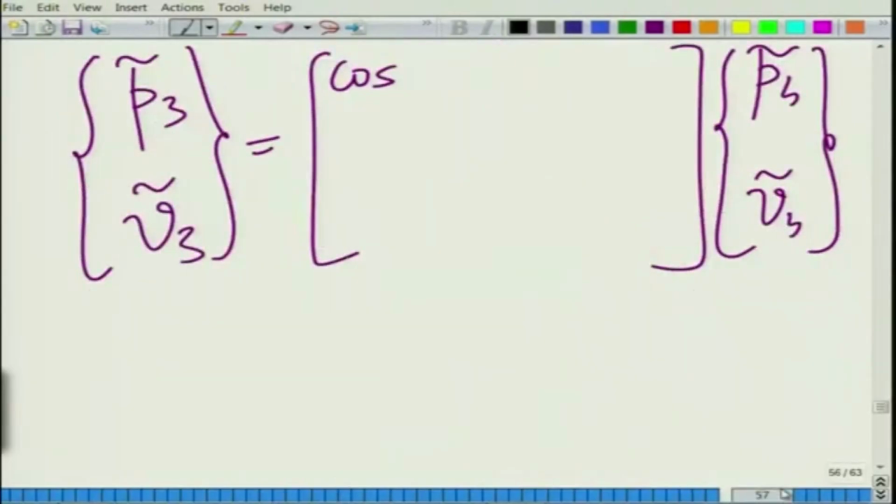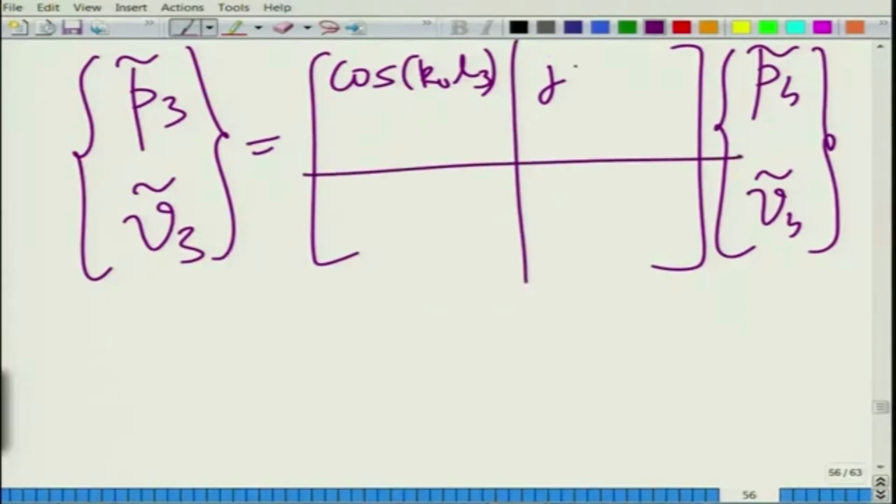So I would simply write this as cos of k0 times L3, this is the T11 parameter, and this is j into Yc. Remember, Yc was the chamber's c0 by the cross sectional area of the chamber.